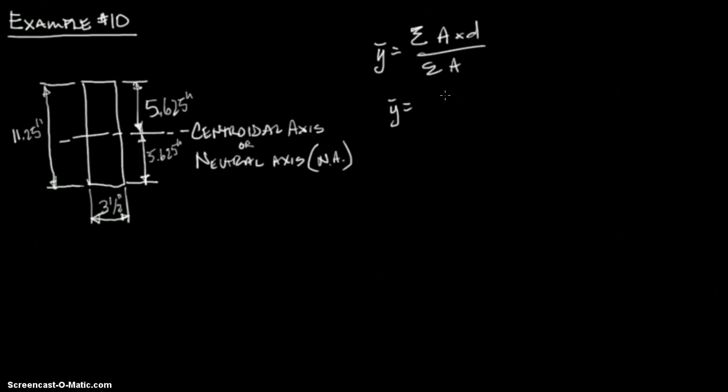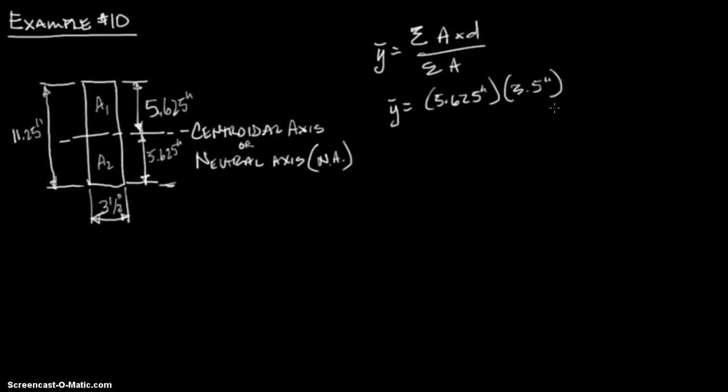So we're going to do the sum. Let's break it into two boxes just for fun's sake. Let's call them A1 and A2, and let's do it from the base down here. A1 is what? 5.625 inches times 3.5.